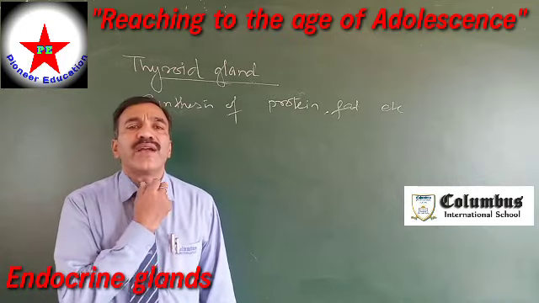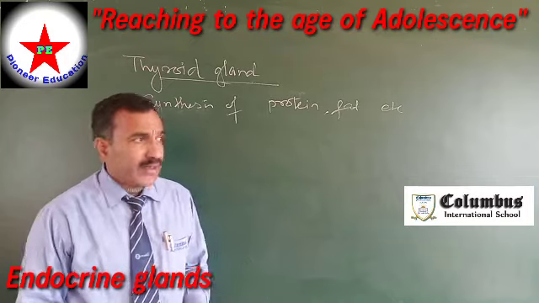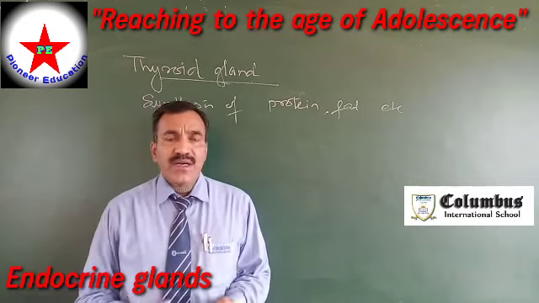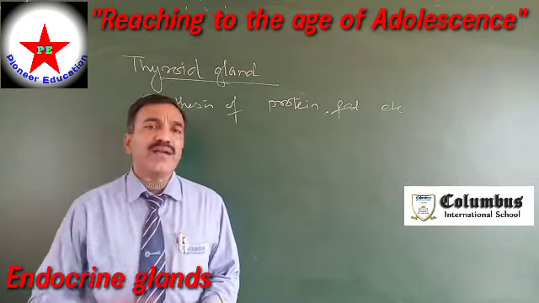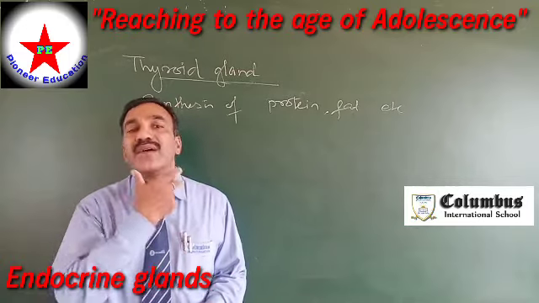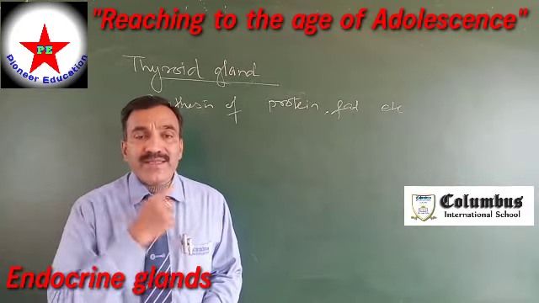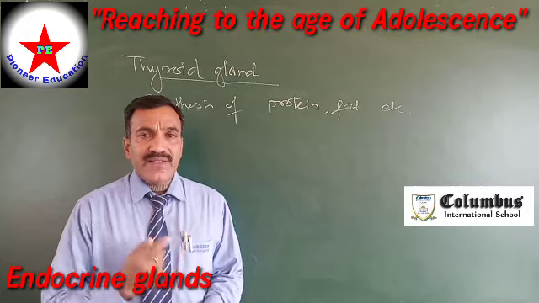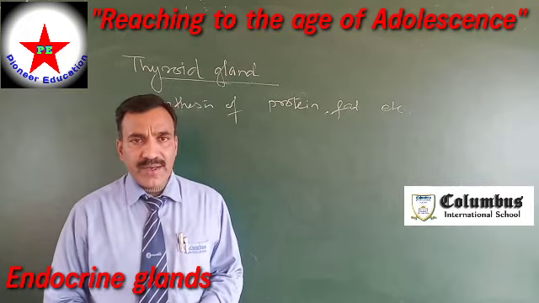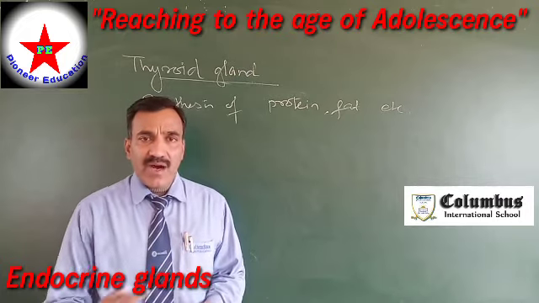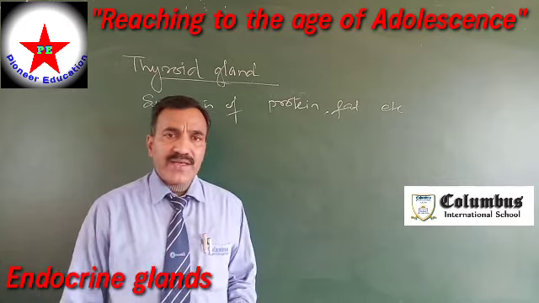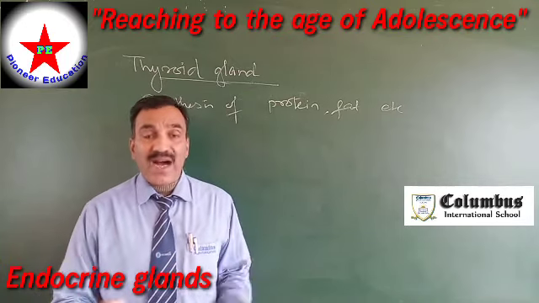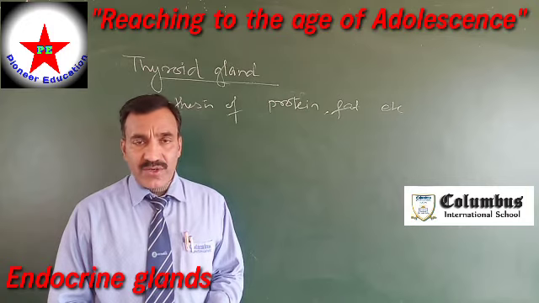You might have heard or seen, although nowadays it is not seen, a disease called goiter, which is swelling of the thyroid gland. It is caused by the deficiency of iodine in our body. Hence, it is advised to take iodine, which we get in the form of common salt used in our households for cooking.